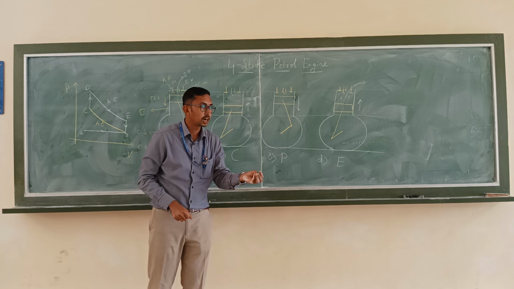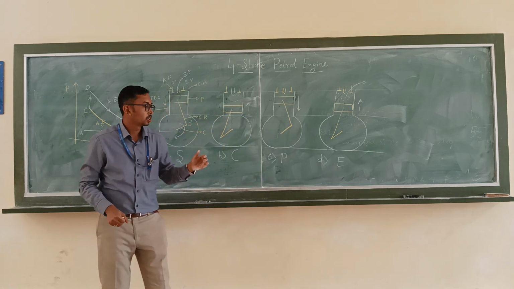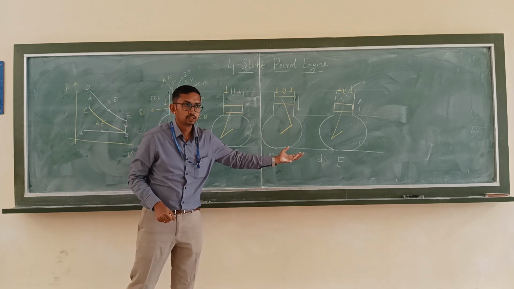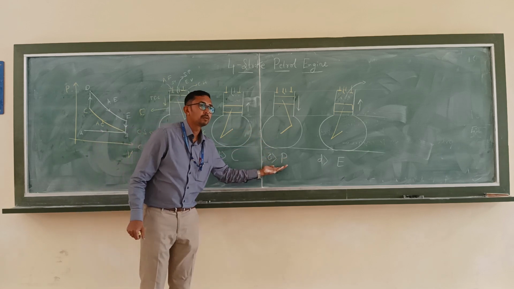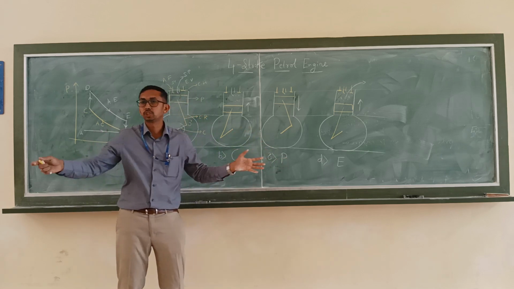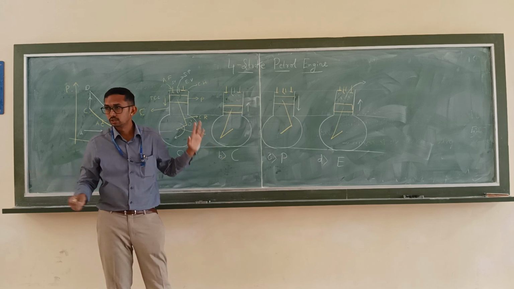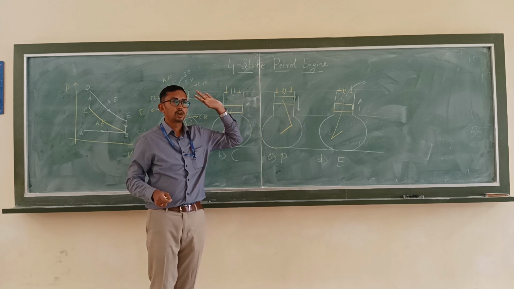Once the engine starts, the energy will be stored in a flywheel. So for the remaining cycles, it is going to take the energy from where the power is being generated, in the power stroke, due to the expansion of the gases. Is it clear? So this is the working of the engine. I hope you understood.